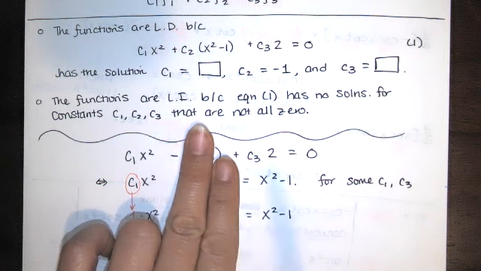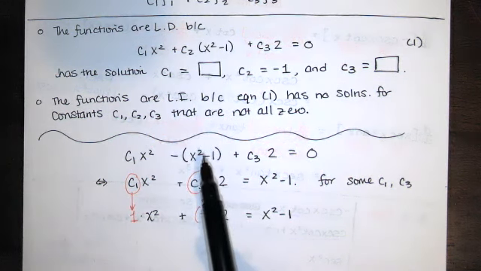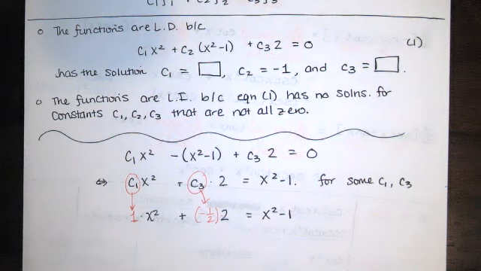So when you have two functions, the set is linearly independent as long as they are not constant multiples of each other. But when you introduce a third, what you're saying is, can that third function be written in terms of the other two? Or if there were 5 of them, you're saying, is there any function on this list that can be written as a linear combination of the others? If so, then the set is linearly dependent.